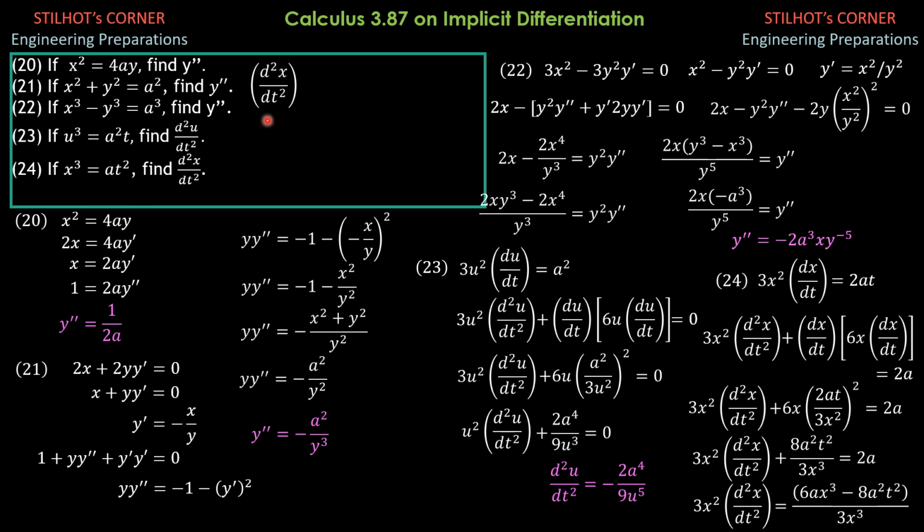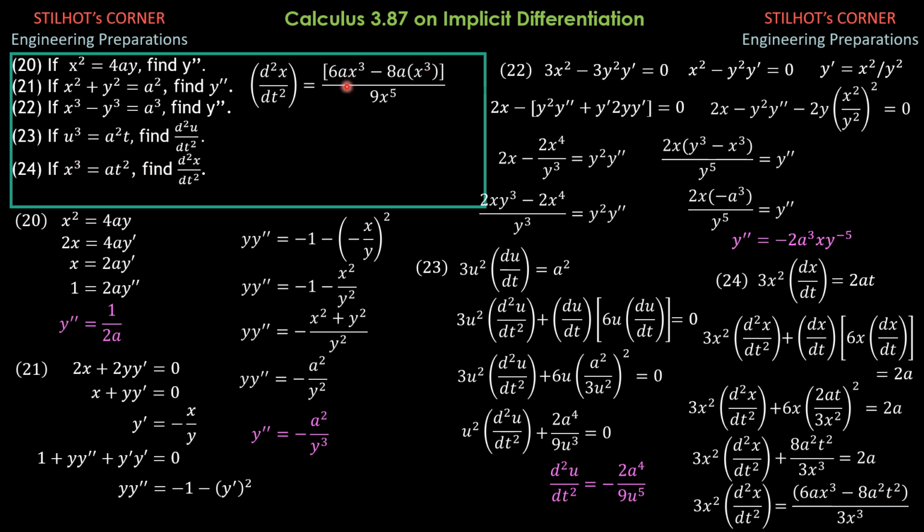So the second derivative of x with respect to t equals the quantity 6ax cubed minus 8a times x cubed, all over 3x to the fifth, 9x to the fifth, rather: 3 times 3, then x cubed times x squared is 9x to the fifth. As I said, we break this into 8a and 8t squared, and we replace 8t squared by x cubed.